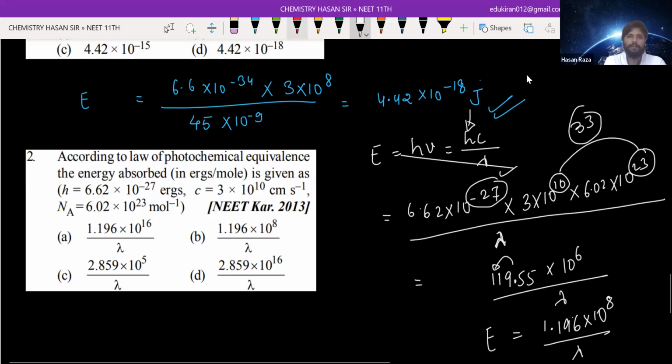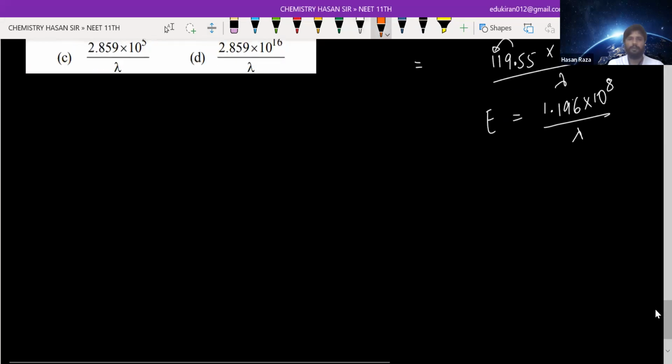Siddhika, are you there? Siddhika is not there. Yasir and Muhammad. Muhammad Yasir done, but Abdullah not responding at all.